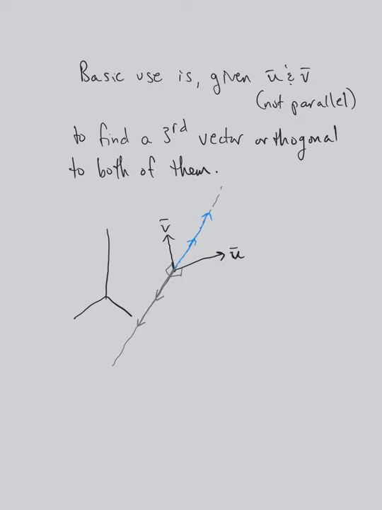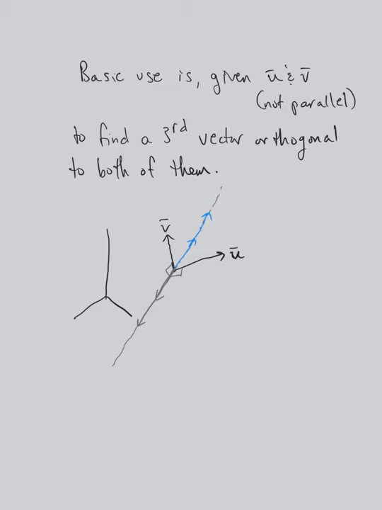The key thing is that in defining the cross product, we want to get only one vector. What we need to do is first specify which direction it's going to go. Is it going to go this way, or that way?